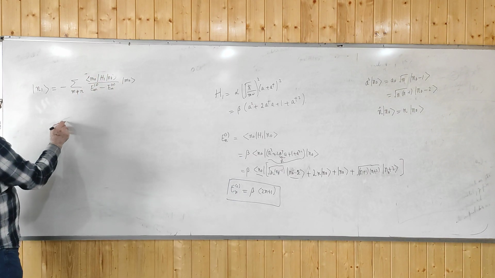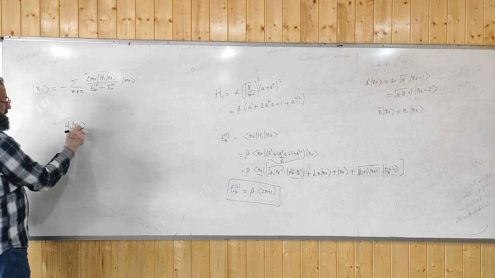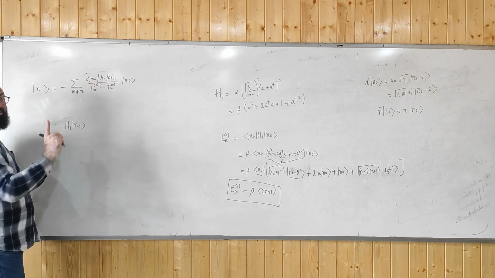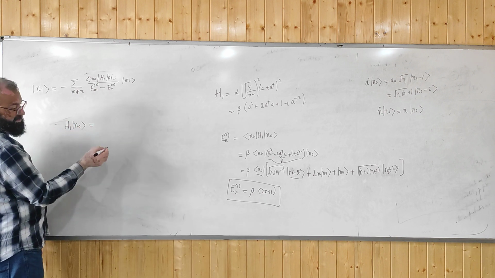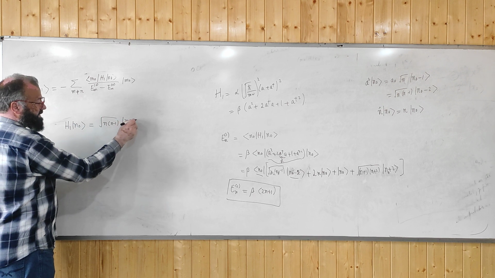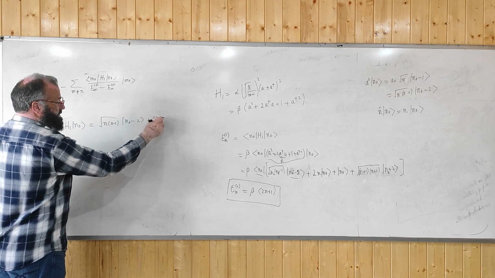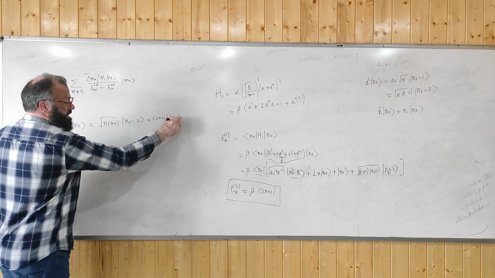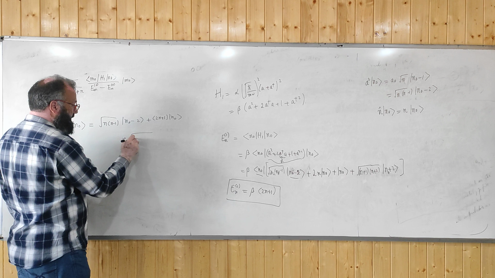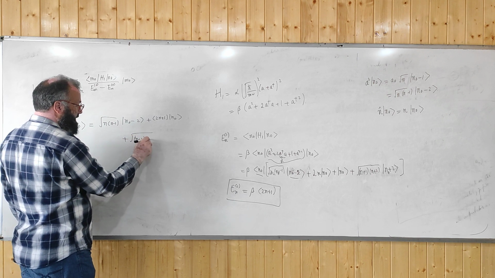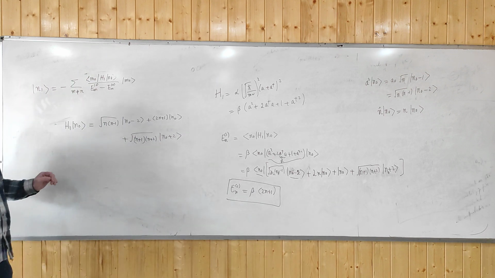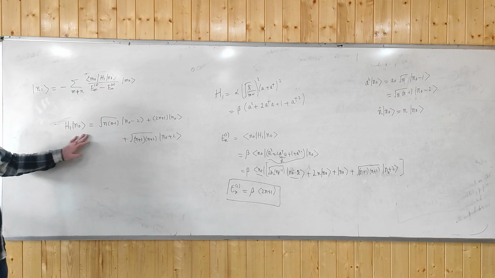Because there is a sum over M naught not equal to N, you are having all these possible states M naught. So what it gives me: root of N into N minus 1, N naught minus 2, then you are having 2N plus 1, N naught, then you are having root of N plus 1 into N plus 2, N naught plus 2. Clear? So this is your action of H1 on this unperturbed state.